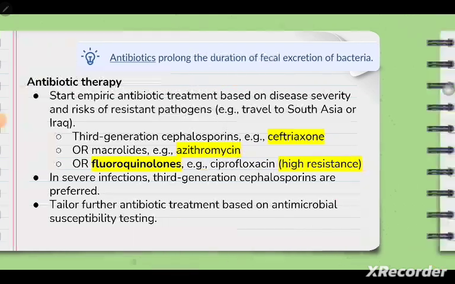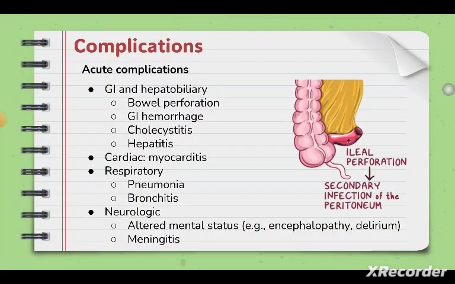So let's come to the next slide, which is about complications. We have either acute complications or chronic Salmonella carrier. For acute complications, can you read it for us, Dr. Nada? Yes, of course. Acute complications such as GI and hepatobiliary, such as bowel perforation, GI hemorrhage, cholecystitis, hepatitis.